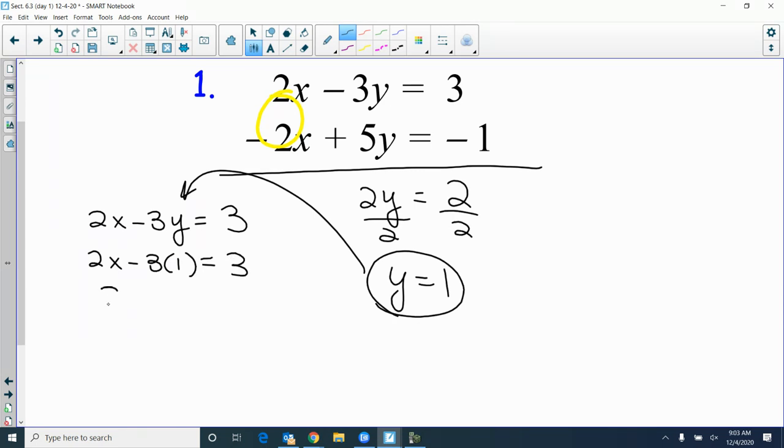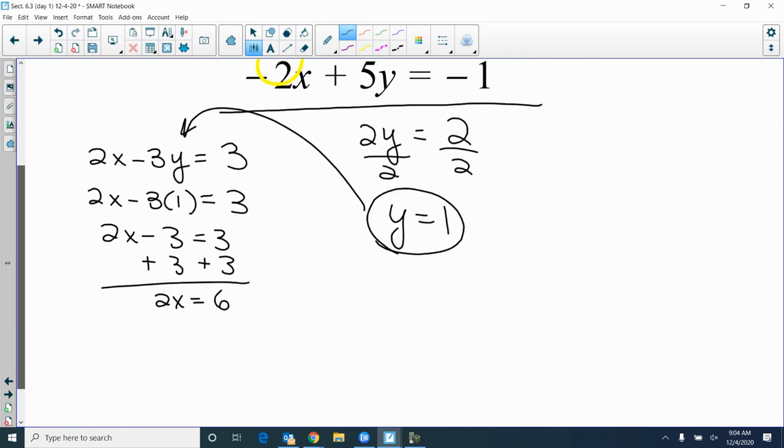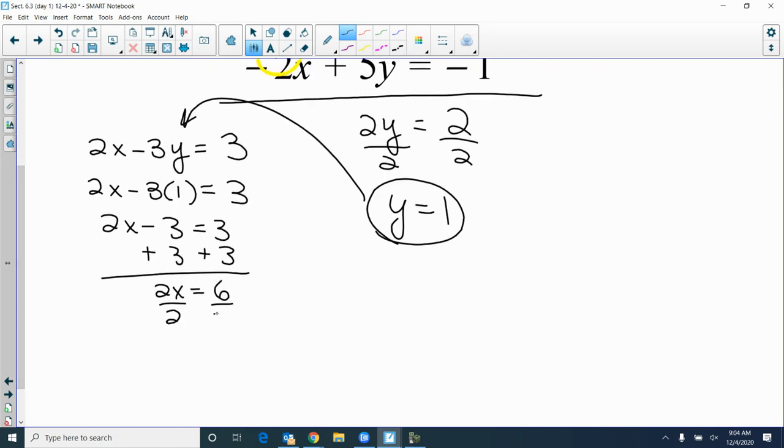Now, what do I get then? 2x minus 3 equals 3. Add 3. And I get 2x equals, what is that? 6. Divided by 2. I get x equals 3. So my answer is the ordered pair 3, 1.